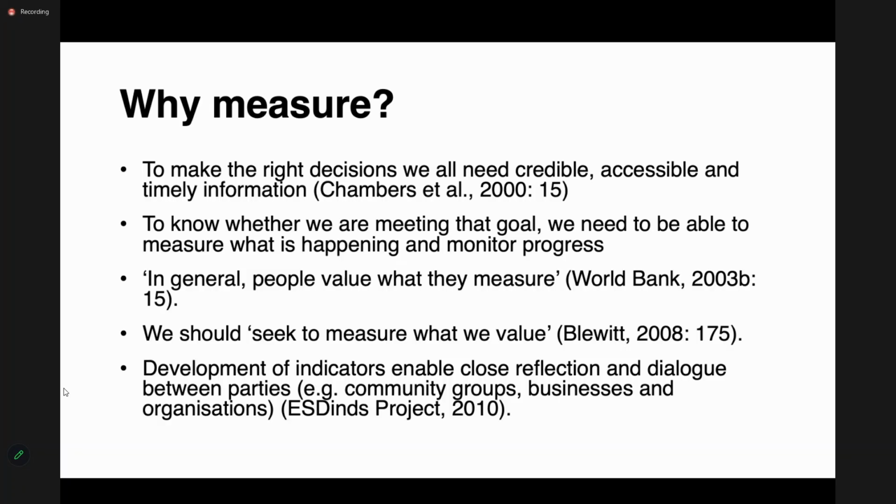And also, to make sure that when we have a goal, we are actually achieving that goal, or whether we are actually making any progress towards meeting that goal, we need to measure what is happening. We need to monitor our progress.